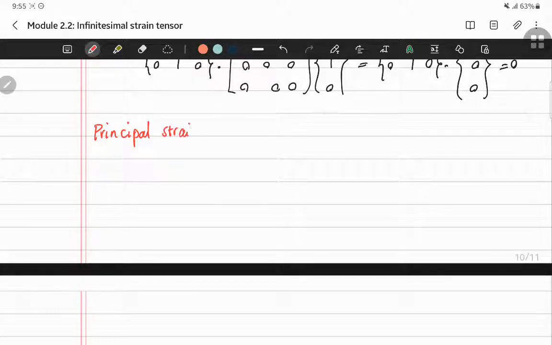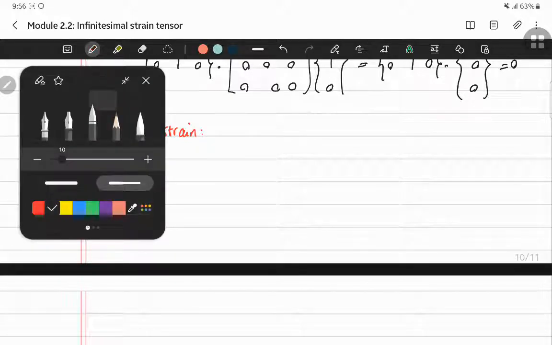strain. This is the same concept that you learned during mechanics of materials, where you had the Mohr circle and you found the maximum stress and strain, the principal stress and strain. This is the same.